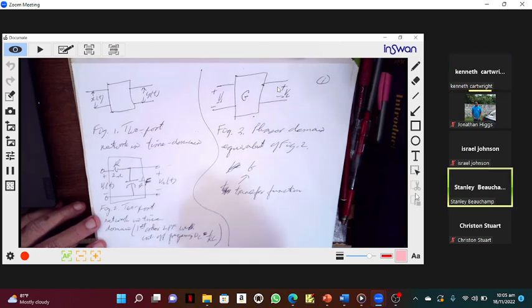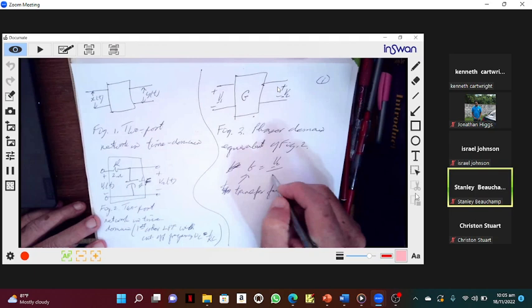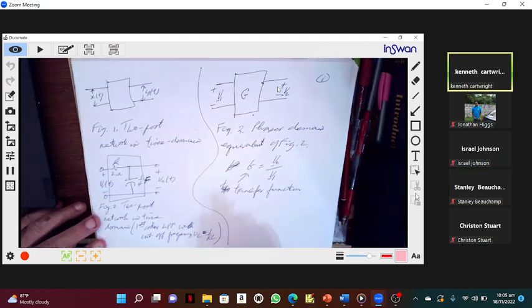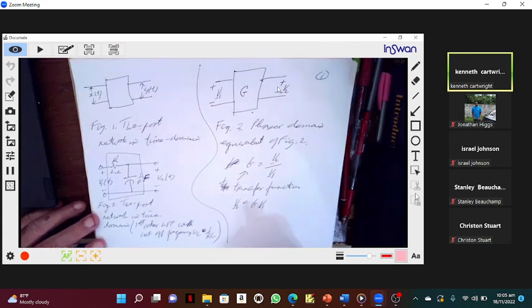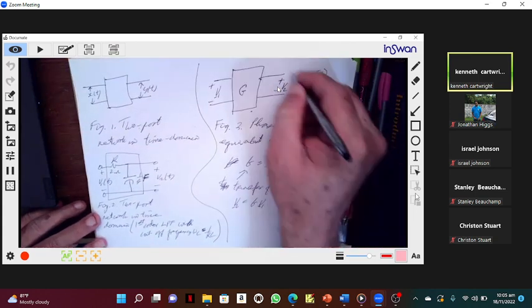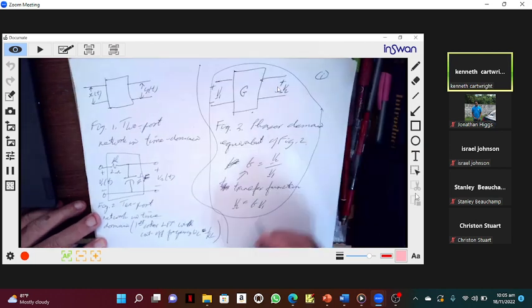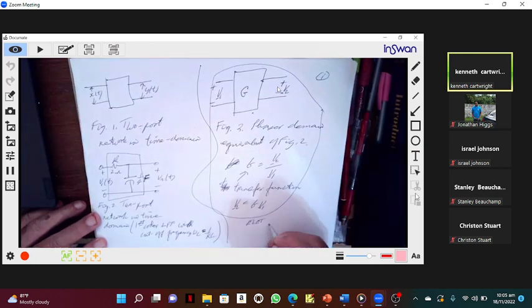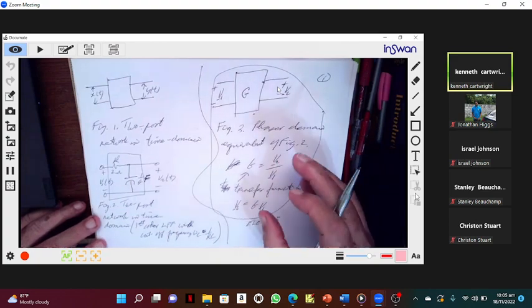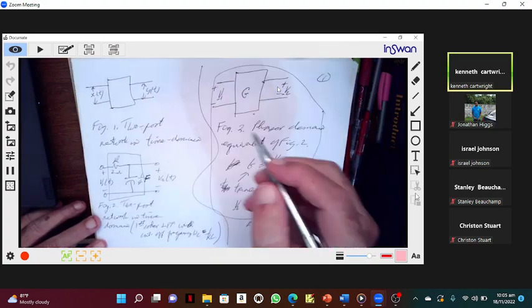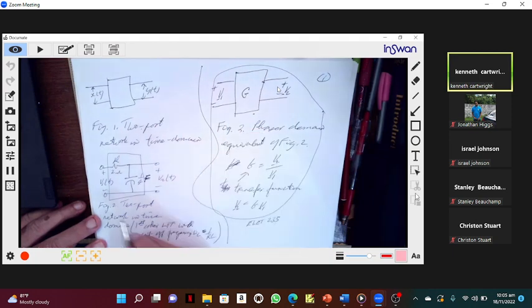It was the output phasor divided by the input phasor. Or in other words, V2 phasor is equal to G times V1 phasor. This is what we did in 235. The problem with this though is V1 phasor has to be a sinusoid.